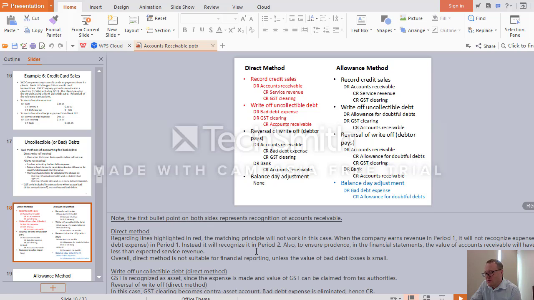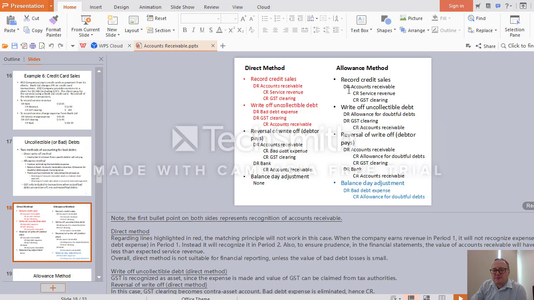And when we do depreciation, we credit accumulated depreciation. Accumulated depreciation is a contra asset account that is reducing the value of the asset. Same here. You have receivables, and the reduction of receivables, the contra asset account, is allowance for doubtful debts, and therefore its normal balance is credit.